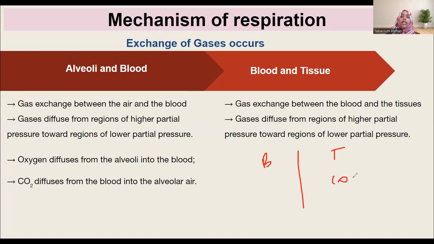Here the carbon dioxide is more because more carbon dioxide is produced by metabolic activities, and here the blood is bringing in more oxygen and carbon dioxide is less. So automatically the carbon dioxide will move from the tissues to the blood.